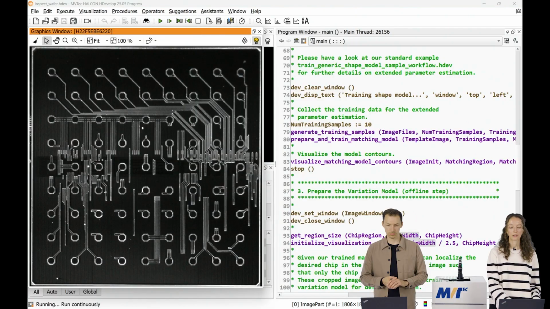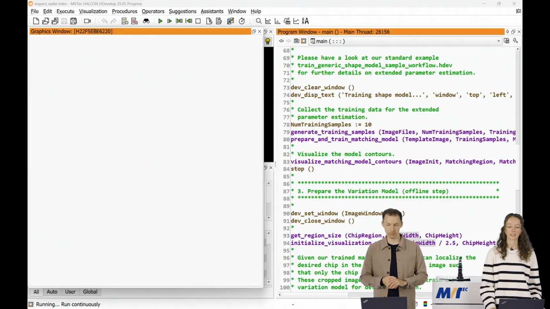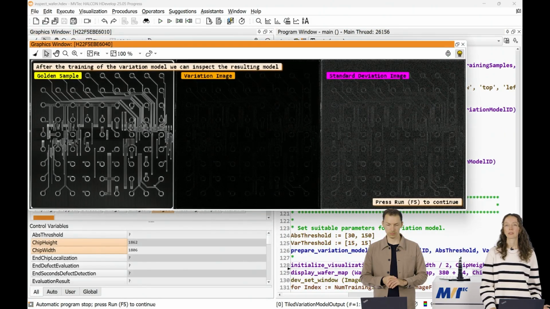So we're now going to run the matching and crop the images and align them. And these images can then be used to train the variation model. For the variation model, we define a golden sample, also called ideal image, which you can see on the left side. This is an ideal chip without any defects. Then we also have a deviation image, which you can see in the middle, called a variation image.